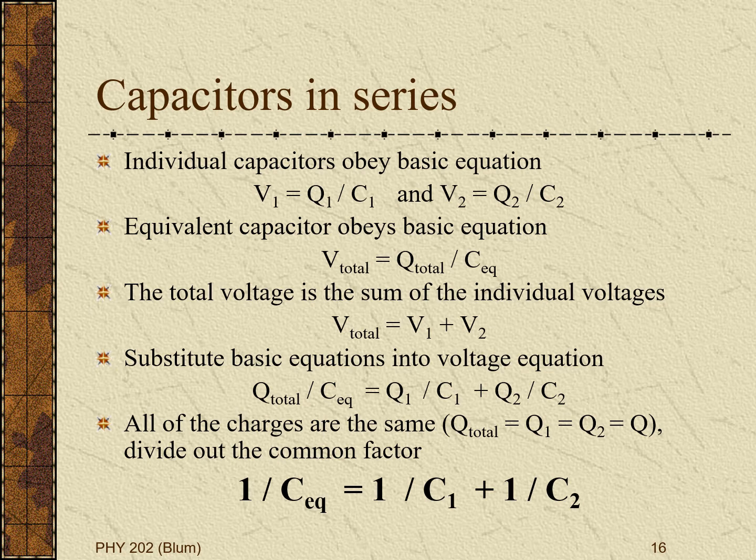So the total charge over the equivalent capacitance is equal to Q1 over C1 plus Q2 over C2. Now we've argued that capacitors in series all have the same charge, and so all those Q's are equal, and then we can divide through by the Q, leaving just ones in those numerators. And so we end up with the equation for capacitors in series, which is 1 over the equivalent capacitance is equal to 1 over C1 plus 1 over C2, a reciprocal addition.